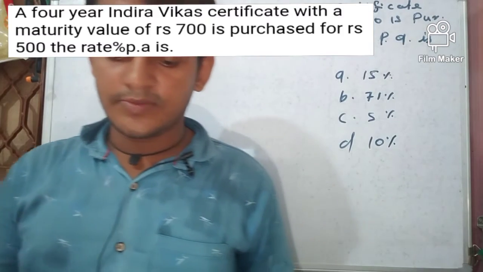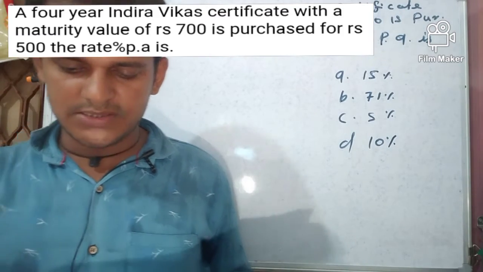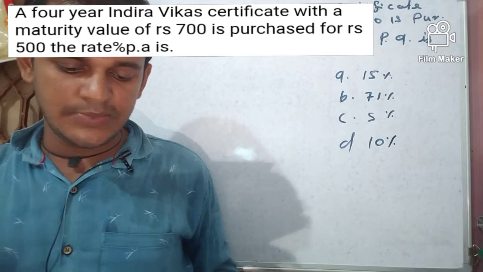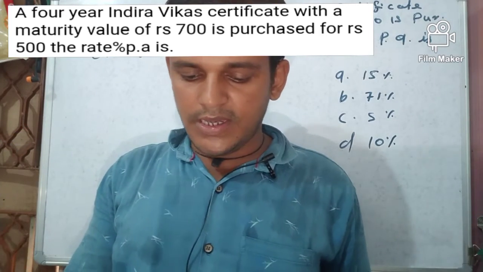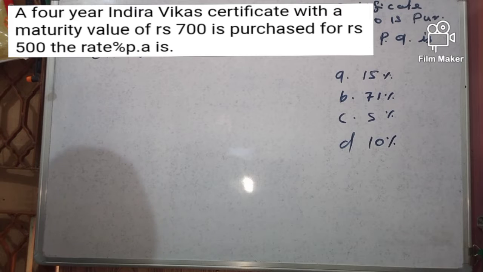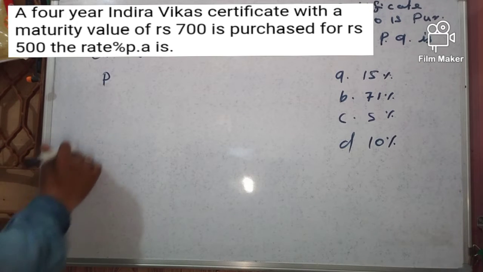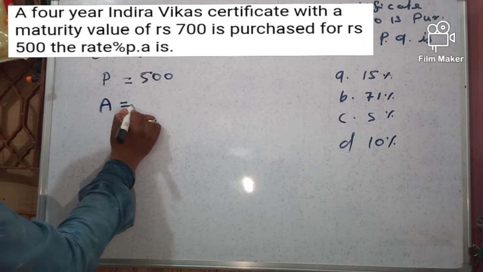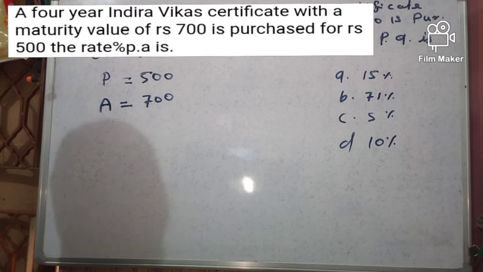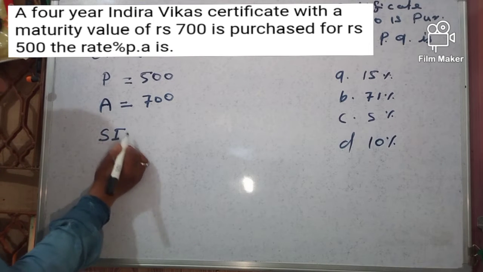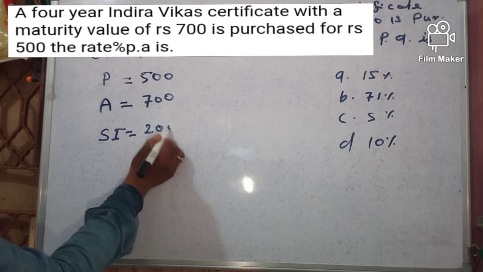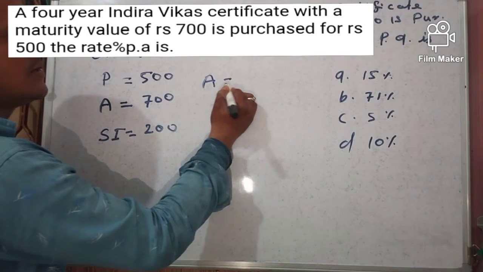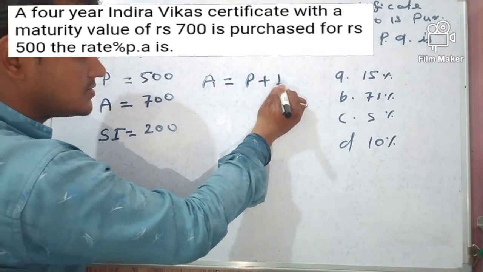Question number 3: a 4-year Indira Vikas certificate with a maturity value of Rs 700 is purchased for Rs 500. The rate percent per annum is? Principal will be 500 and amount becomes 700. Simple interest will be 200, because amount equals principal plus simple interest.